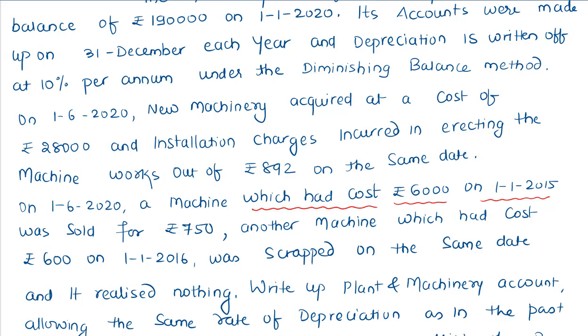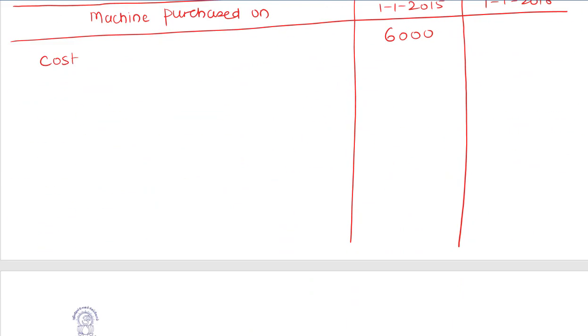The machine purchased on 1/1/2015 was sold for 750. So cost is 6,000 less depreciation at the rate 10% per annum for 2015.